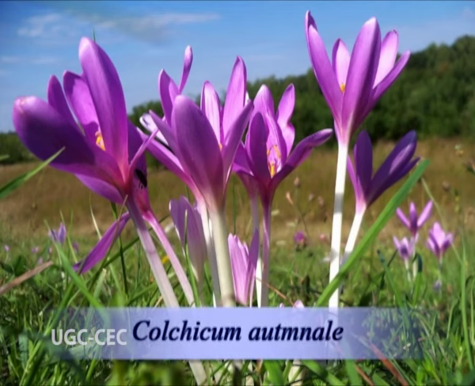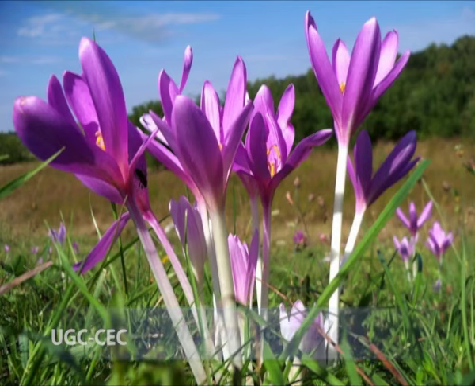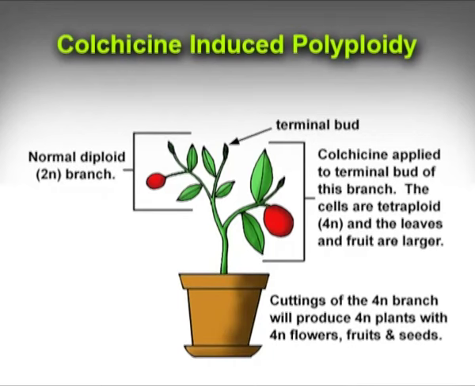Application of the alkaloid colchicine, derived from the autumn crocus Colchicum autumnale, disturbs spindle formation. The cell division proceeds as usual, but since the spindle formation is inhibited, the cytoplasmic phase of cell division does not occur. Instead, restitution nuclei with the double number of chromosomes are produced in the treated tissue.